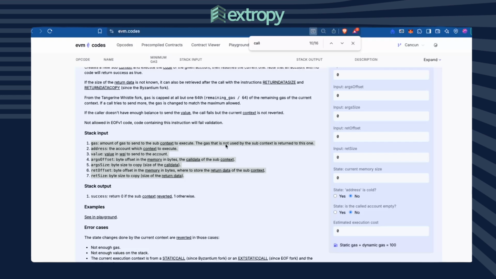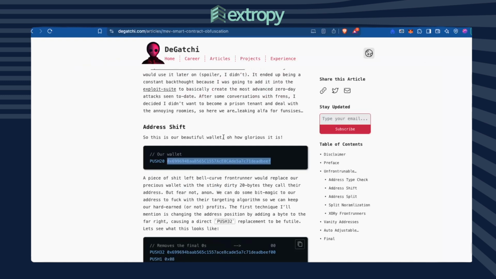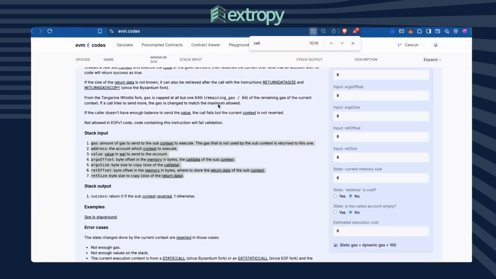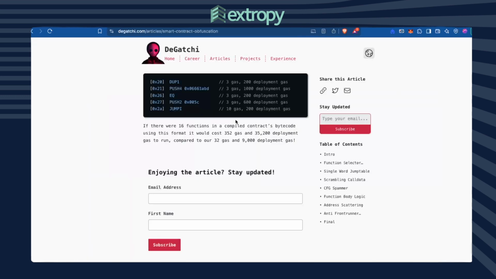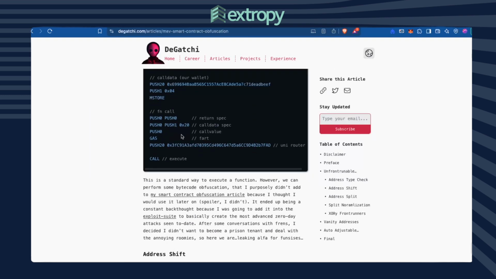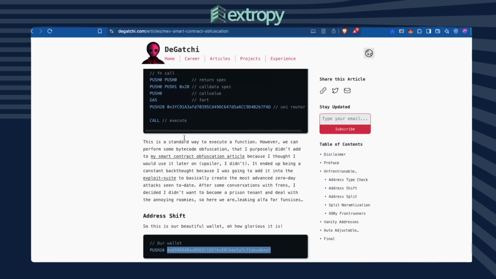It pushes the thing down. So the gas should have been... let's go back to his code. Which way around? It does look the other way around, doesn't it? It looks like it should have been the address and then the gas.